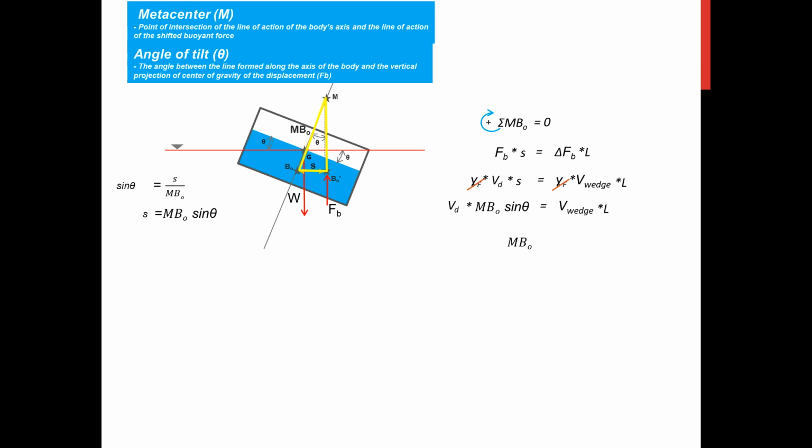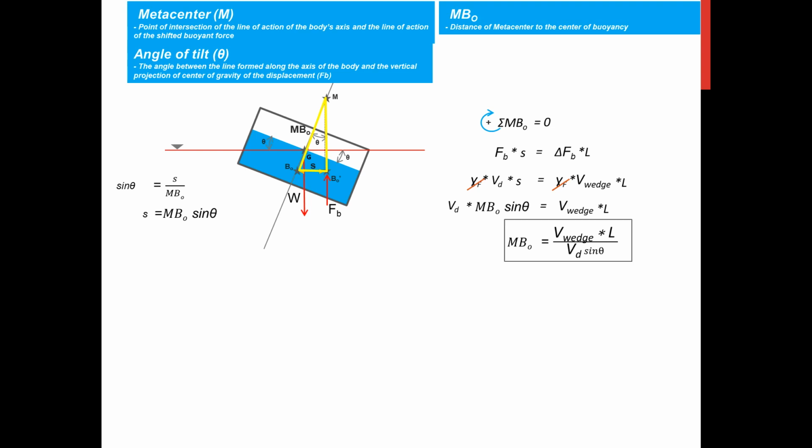So in here, we can now determine the distance MBO, which is equal to the wedge volume times L divided by the submerged volume times sine of theta. So by the way, MBO is the distance of metacenter to the center of buoyancy.